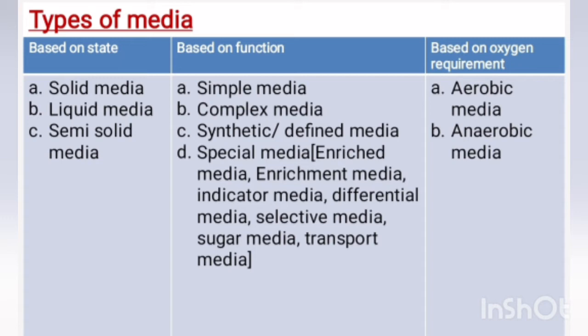Special media include enriched media, enrichment media, indicator or differential media, selective media, sugar media, and transport media. Then the third type of classification is based on oxygen requirement of the microorganism.